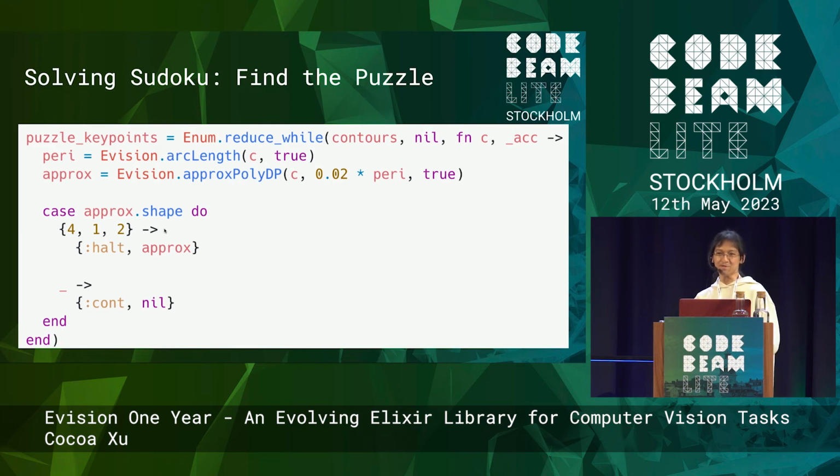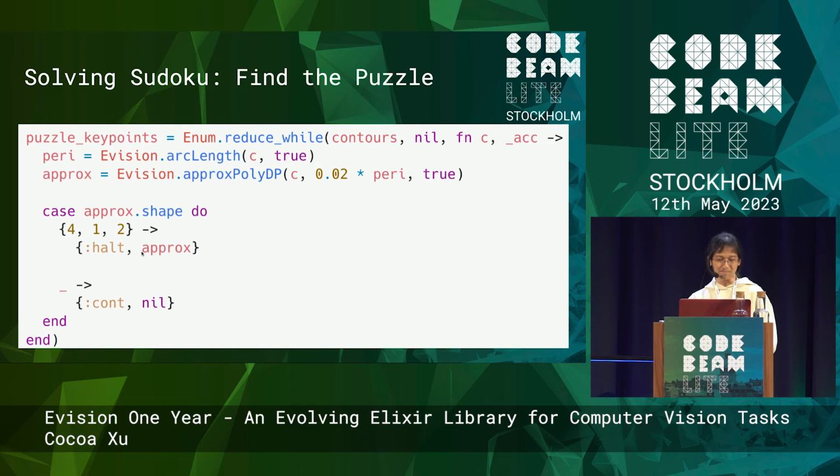And then we need to actually find that contour and use another assumption, that this puzzle should be rectangular, which means we have 4 corners: top right, top left, bottom left, bottom right. That is why we have this 4 here, and we have this number 2 because you have x, y coordinates.